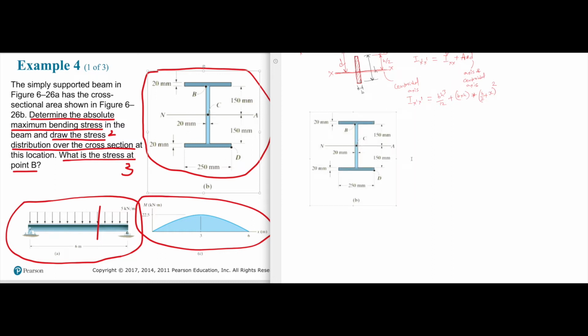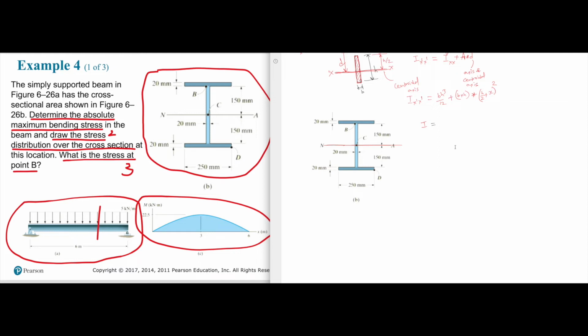Let's find the moment of inertia for this axis. The moment of inertia of this cross section with respect to the neutral axis, where it is this axis. Okay, let's do this. That means we have to find I with respect to NA, neutral axis. I'll just leave it as I. How much is it?